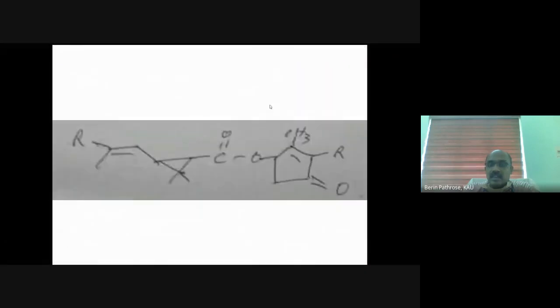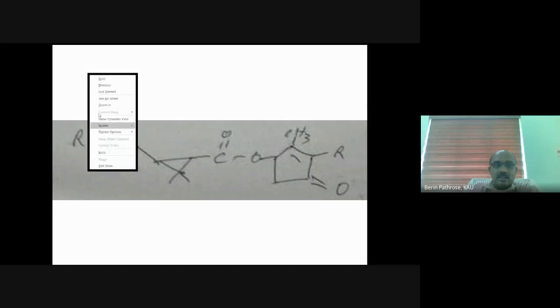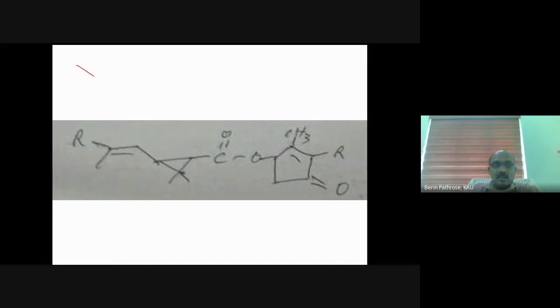based on these acids and alcohols, we have these synthetic esters of pyrethrin. I will show you how it looks like. So this is the basic structure of an acid. Here it was COOH, so it will be like this.